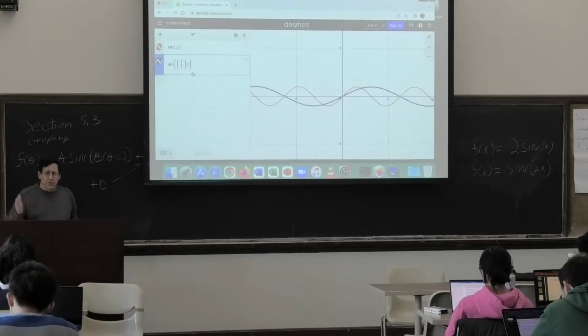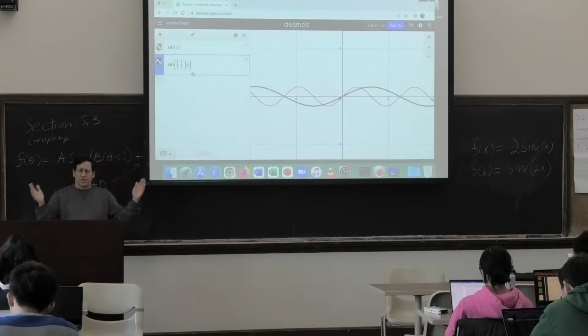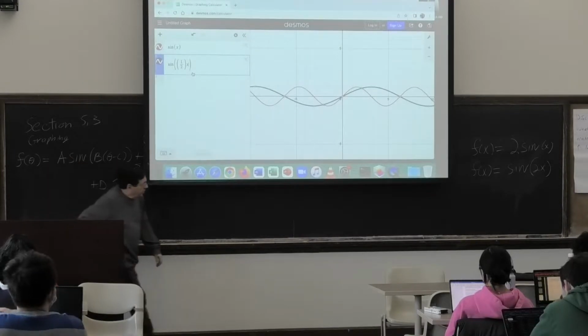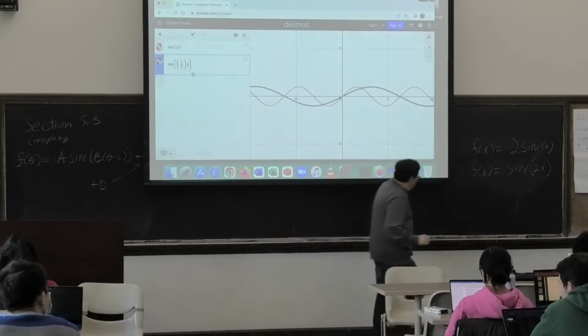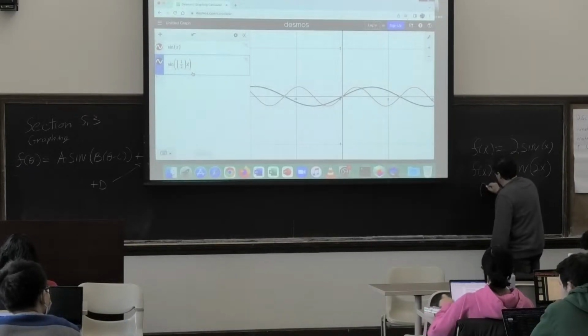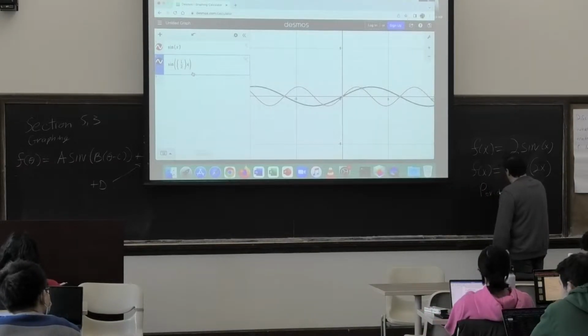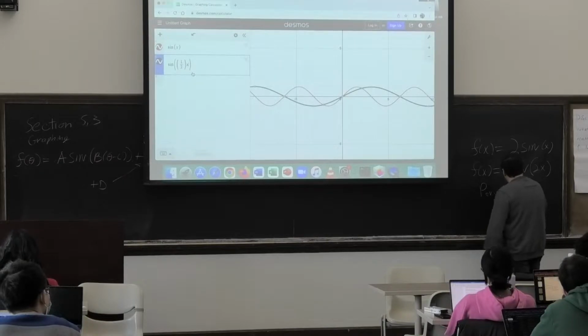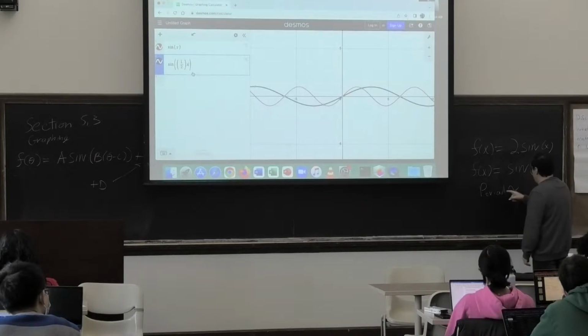Now there is a value that actually goes along with that constant. It's called the frequency. And so what we have is this inverse relationship between the period and the frequency.